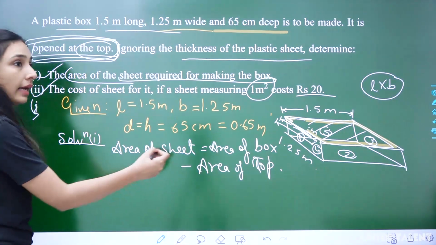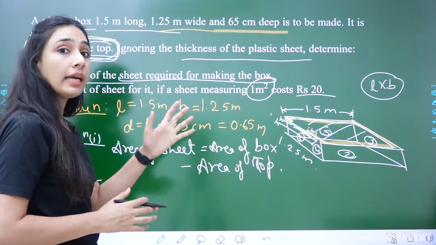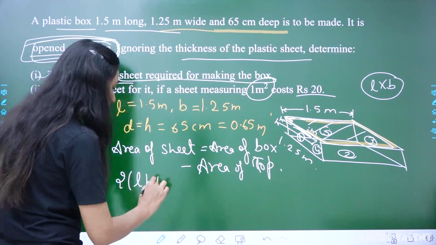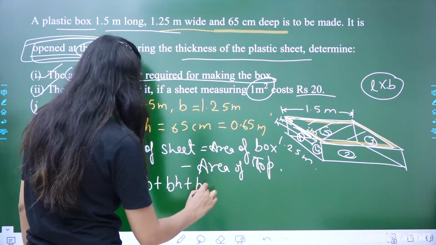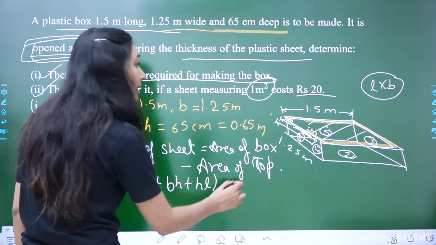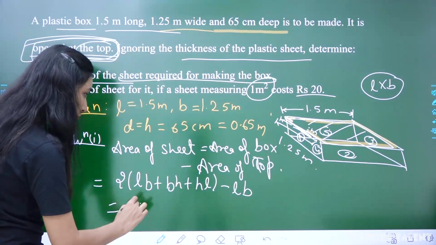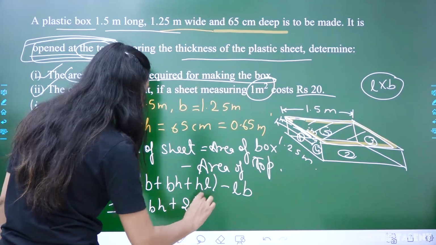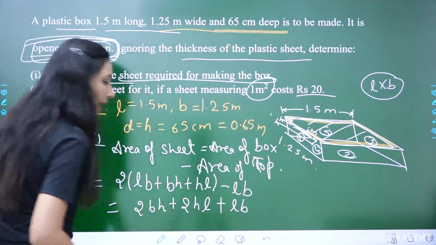So that will be area of box. Now what is area of box? The area of this cuboid is nothing but 2 multiplied by (LB plus BH plus HL), and minus this LB. So it's going to be 2BH plus 2HL plus 1 LB.